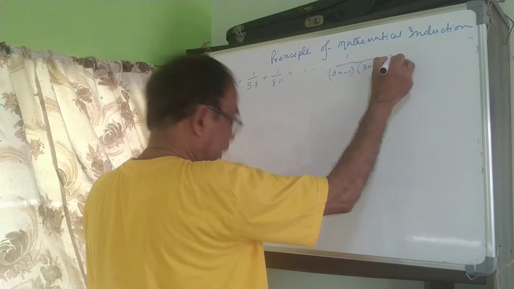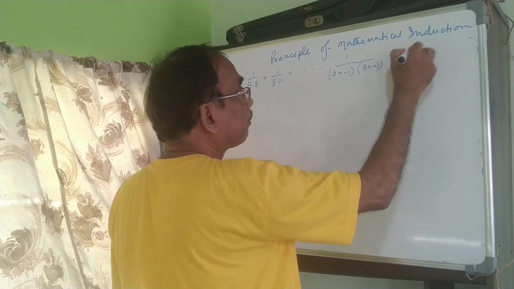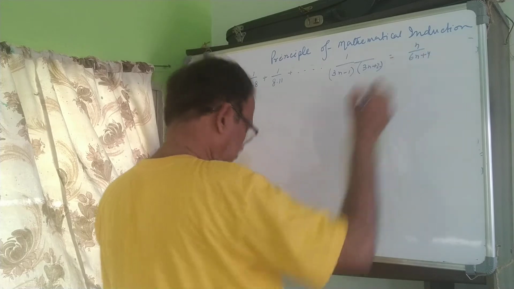This is the nth term. This equals n by 6n plus 4.